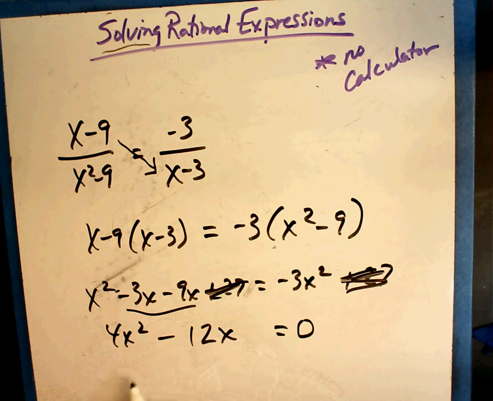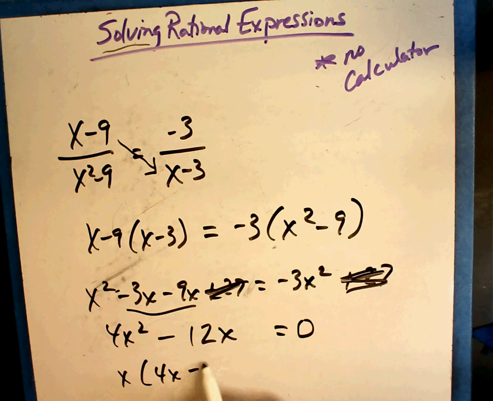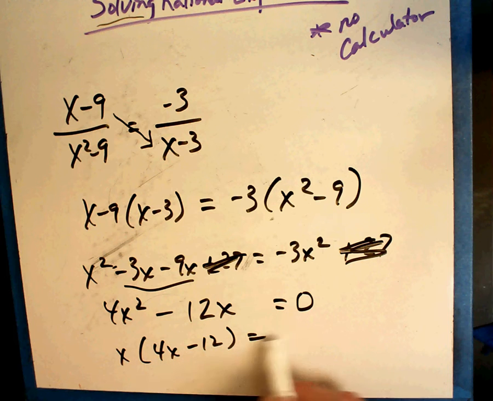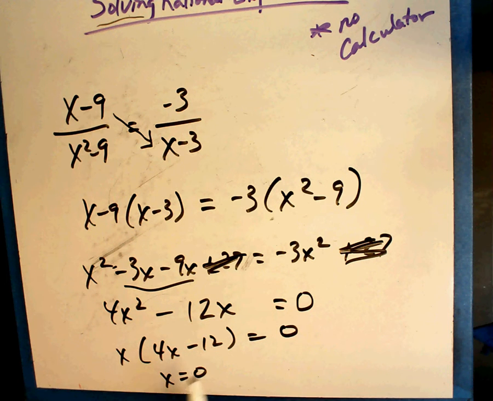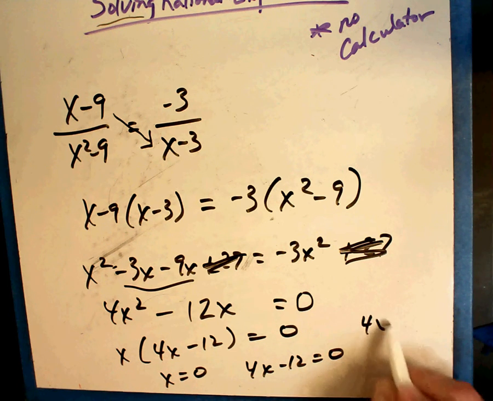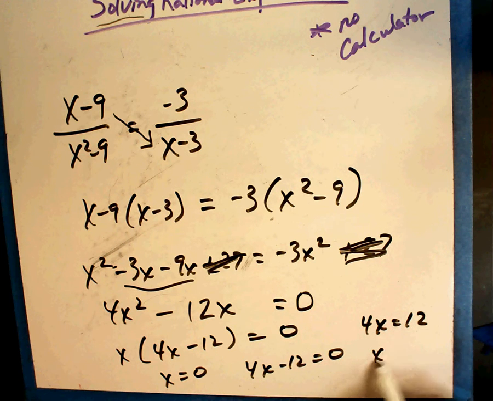So if I want to solve that, I can take an x out of both of these. This is 4x minus 12. They both equal 0, so x equals 0. That's an easy one. And 4x minus 12 equals 0. Move that over, so 4x equals 12, divided by 4, x equals 3.